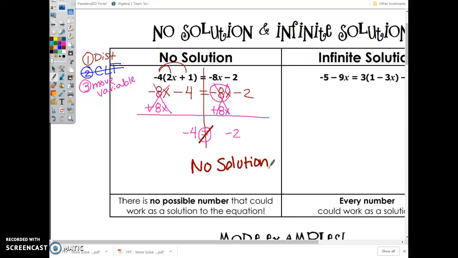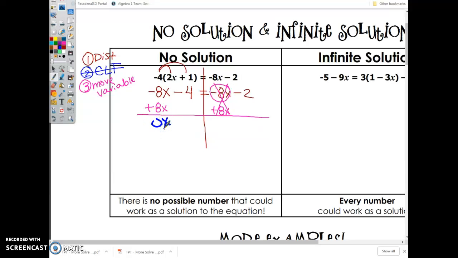We could have done it a different way. Watch this. You don't erase your part. Just look at it. What if you forget that this side cancels? What do you get when you do -8x plus 8x? You get 0x.